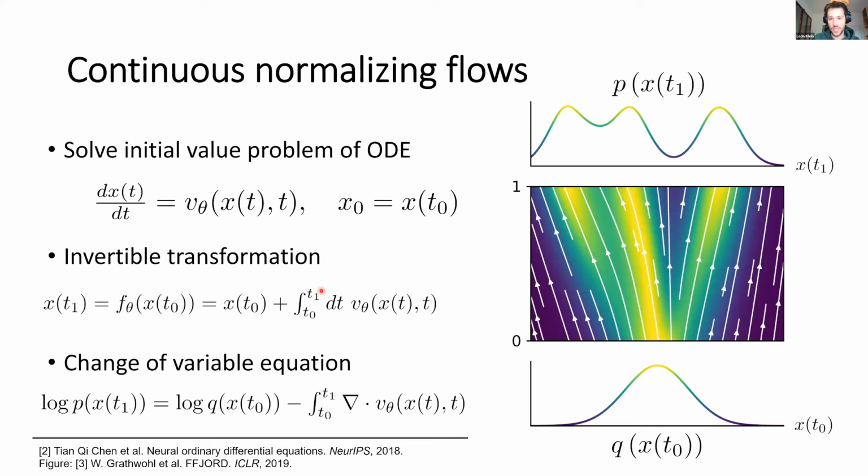But we integrate the same vector field as before. So we only ever need to evaluate the forward of the vector field. We don't need an invertible vector field. So it's super flexible how we design this vector field. The invertibility comes from this integration here. Okay.